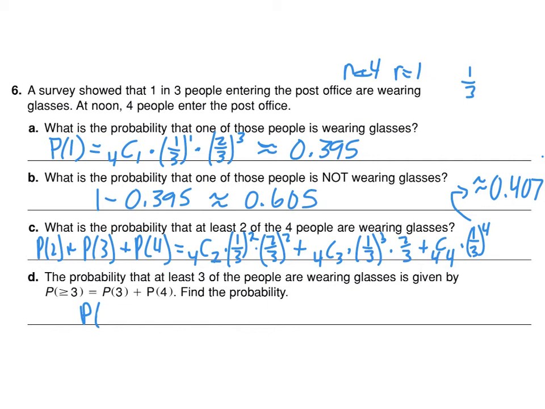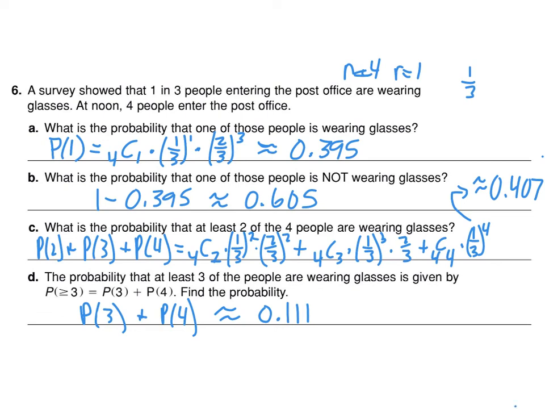Same math, except without the P2. Probability of 3 or 4. I cranked that out on my calculator already, and that was about 0.111, 11%, give or take.